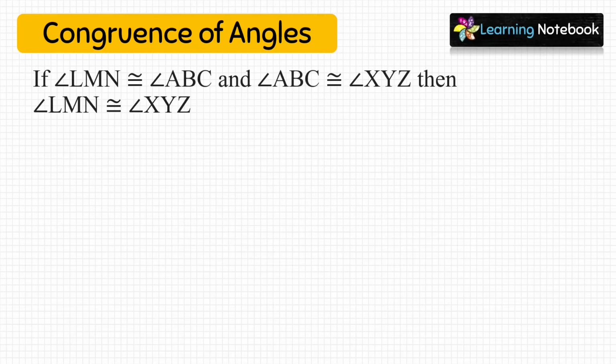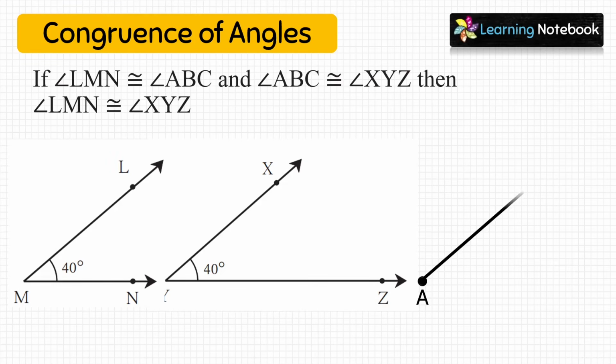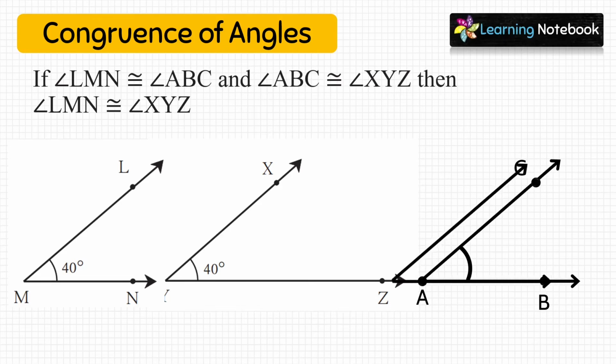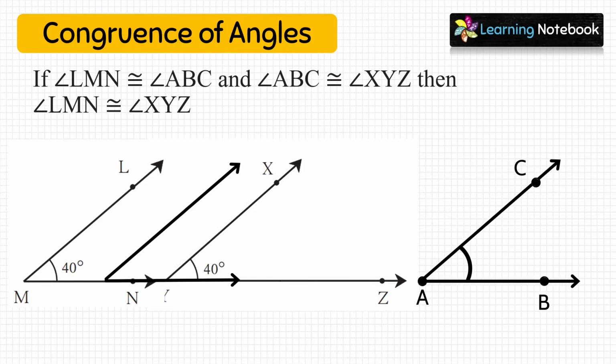The second property of congruence of angles is if angle LMN is congruent to angle ABC and angle ABC is congruent to angle XYZ, then angle LMN is congruent to angle XYZ.